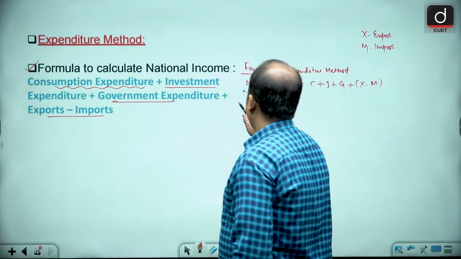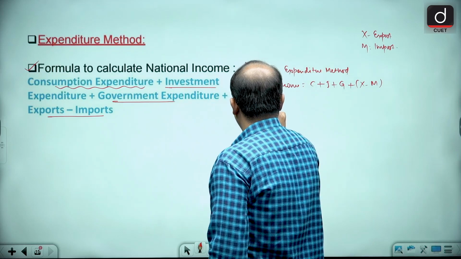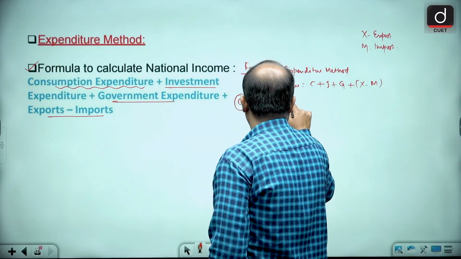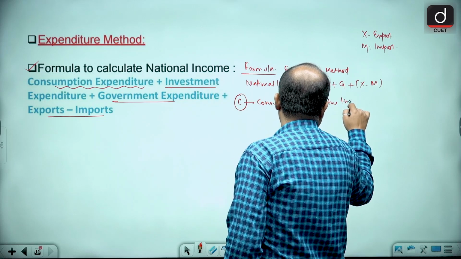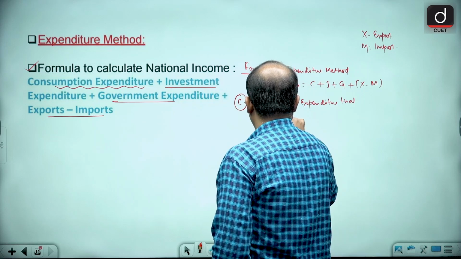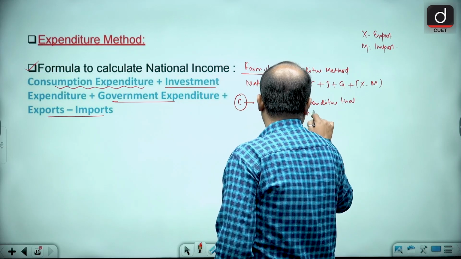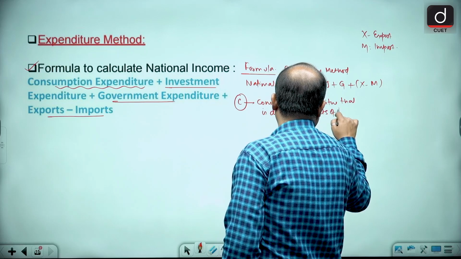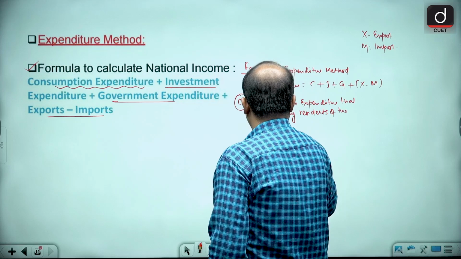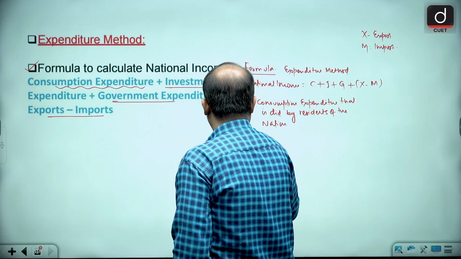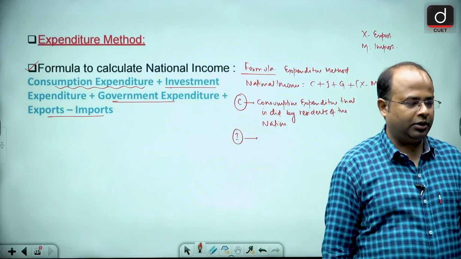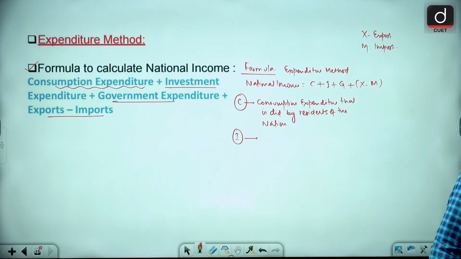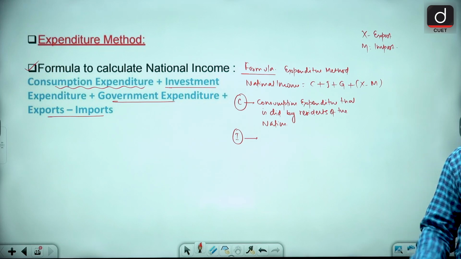I is investment expenditure, by business and household.